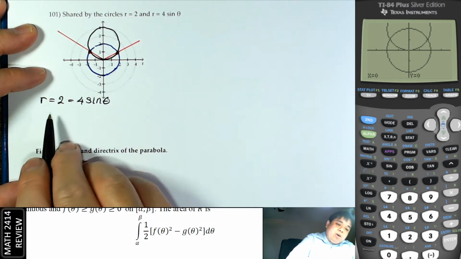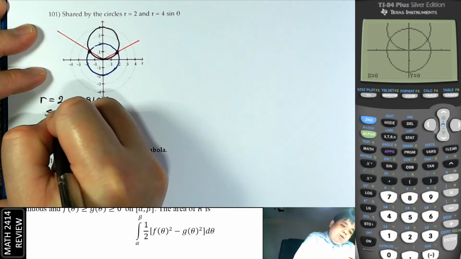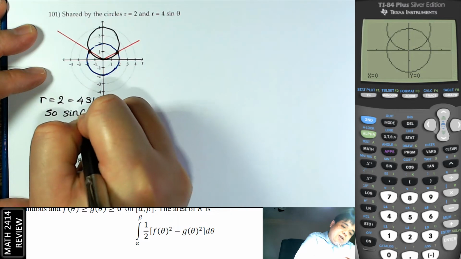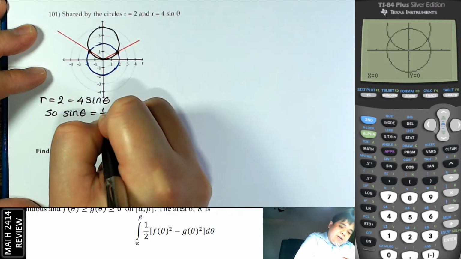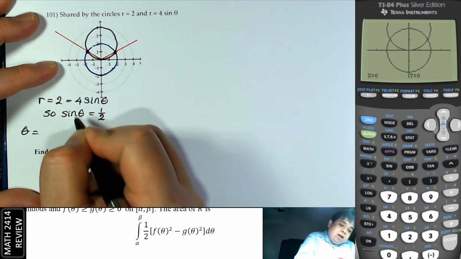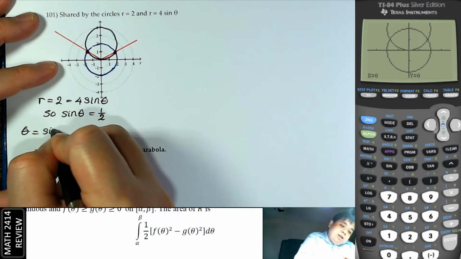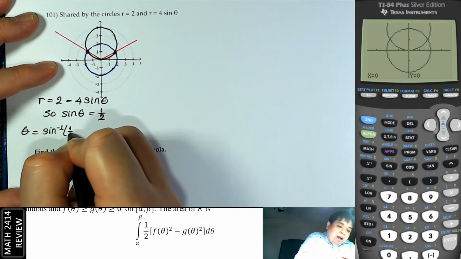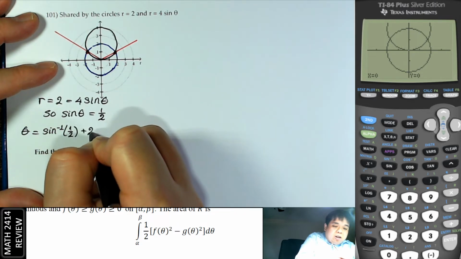And so we have 2 equal to 4 sine theta. So sine of theta is equal to 1/2. Right? So theta is equal to sine inverse of 1/2, of course, as always, plus 2k pi.